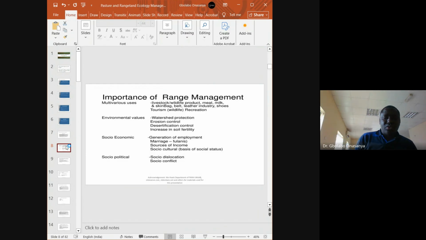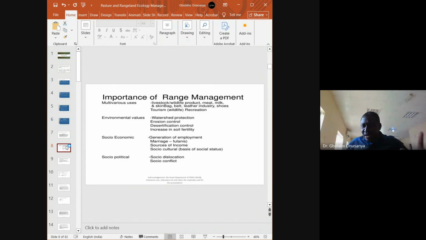One, multivarious uses. Livestock and wildlife. In rangeland, we have livestock and wildlife. There must be balance between the livestock component of the rangeland, the pasture component of the rangeland, and other living entities in the rangeland.